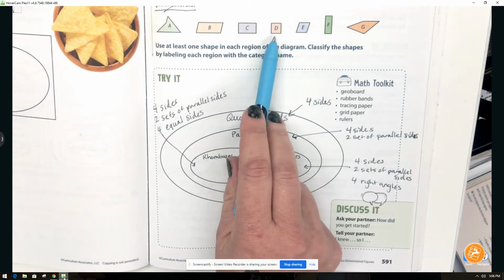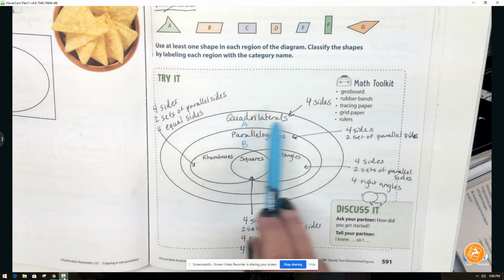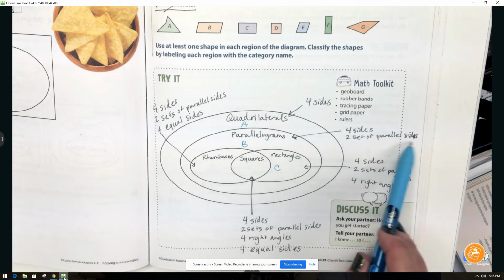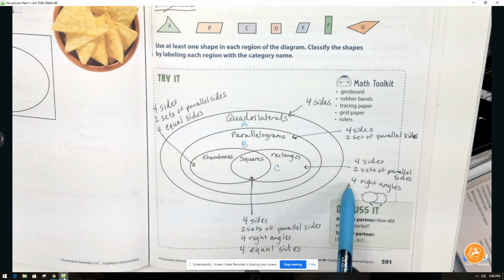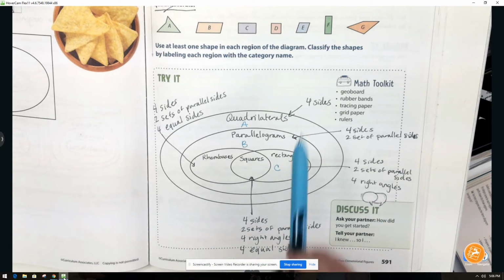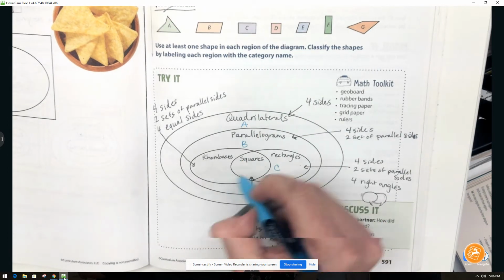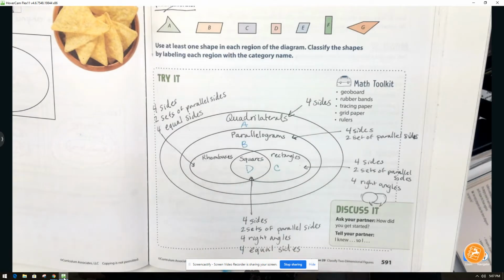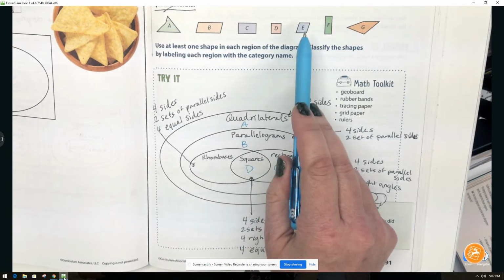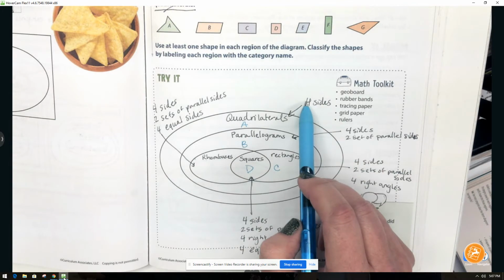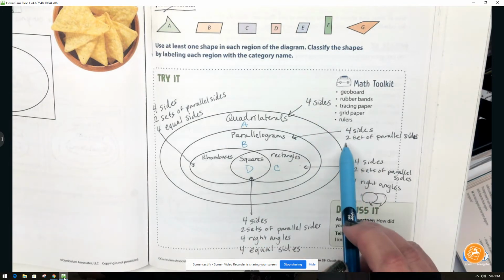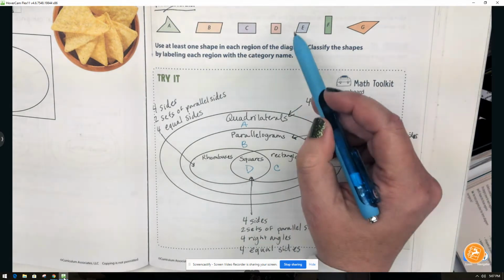Then we look at shape D. Shape D has 4 sides. It has 2 sets of parallel sides. It has 4 right angles, and it has 4 equal sides. So shape D must be a square. Shape E, does it have 4 sides? Yes, it does. Does it have 2 sets of parallel sides?